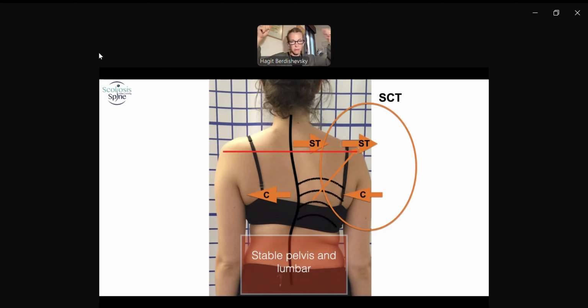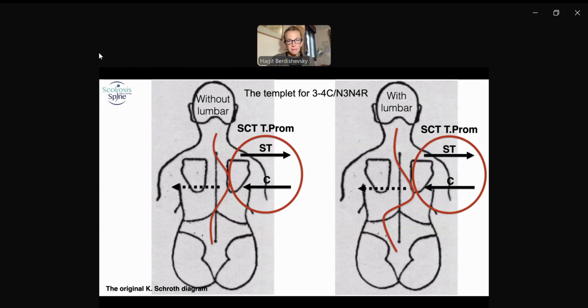It's a picture, I don't have someone, but this is the idea. So it's exactly for the same purpose as 3C, the same compensation, the same shoulder counter traction on the right side. And this is the template, basically, with a lumbar or without a lumbar. Same shoulder counter traction on the right side.